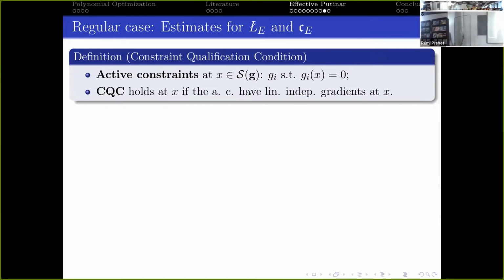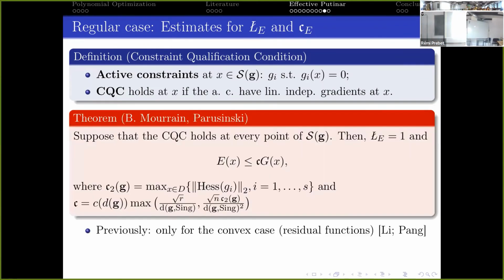So this is not the case here: the gradient of the only active constraint, which is the cubic, is 0. So we are not in this situation. But if we are in a box, we are in this case. If we have a ball, we are in this case. Okay. And in this case, we can prove that the Lojasiewicz exponent is equal to 1.